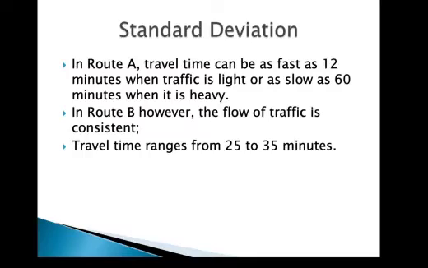Which route will you take? Obviously, you don't want to take route A because by that time, 7:30, traffic is already heavy. So you might want to take route B where the flow of traffic is consistent. I mean, it's not very light, but it's not heavy. So you might want to take route B.